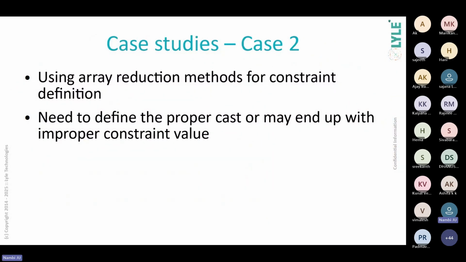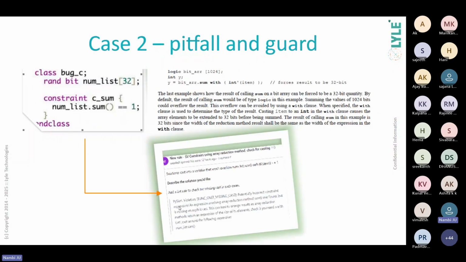The second case study is using array reduction methods for constraint definition. If you don't use a proper cast on the value, then you may end up with an improper constraint value. For example, you have num list, which is an array, and you say num list colon sum equal to 1.